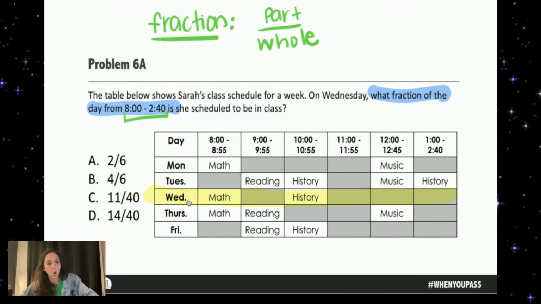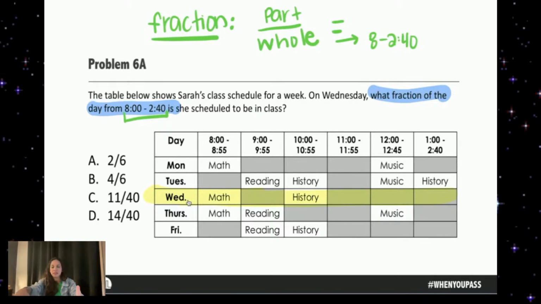That is the whole, because they're asking what fraction of that part. The whole is 8 to 2:40. So the best way to do this is going to be to figure out how many minutes I have from 8 to 2:40, and then figure out how many of those minutes she's in class.